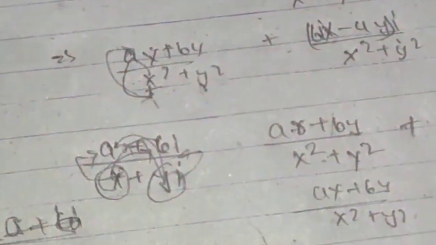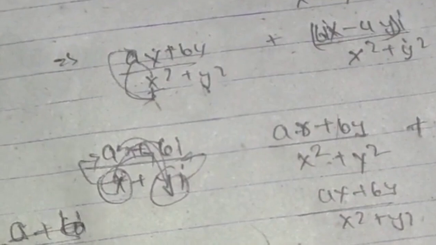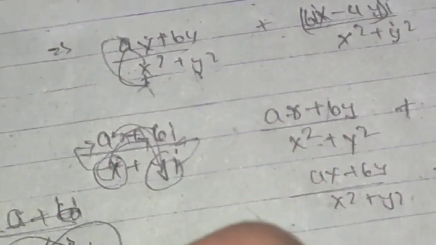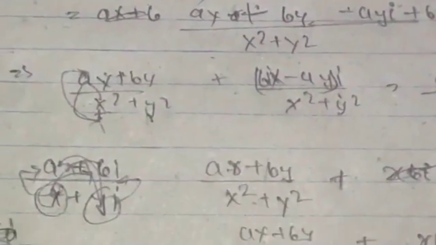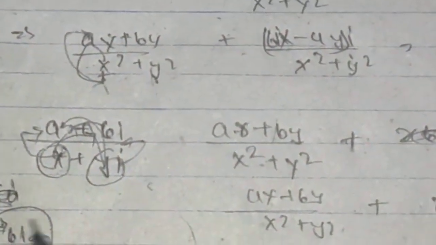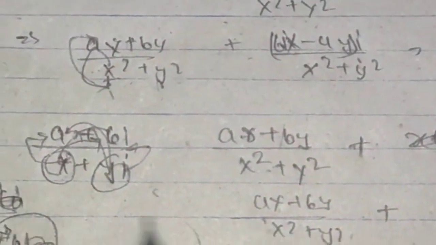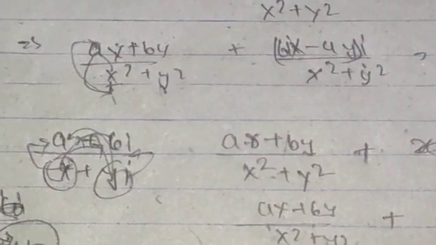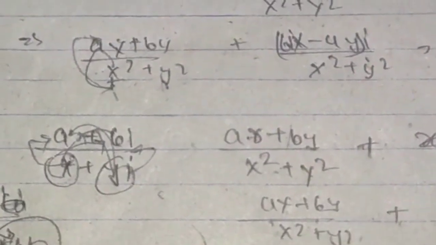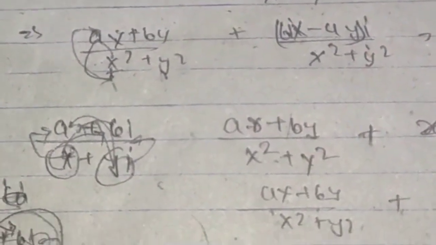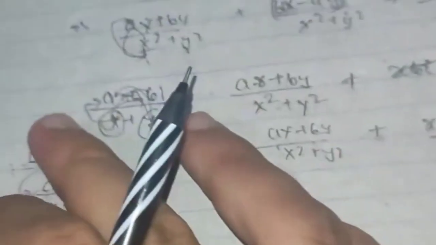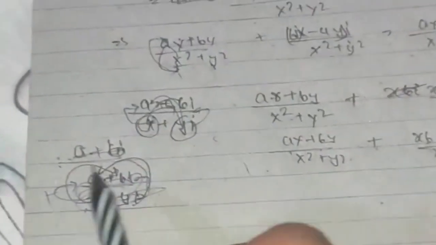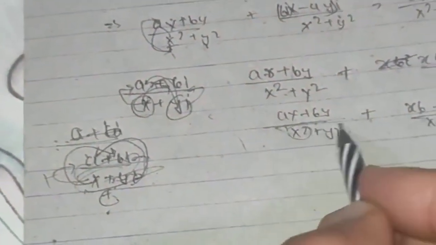Then x multiplied by this and y multiplied by this with a negative sign in the middle. There you go, x multiplied by this a plus y multiplied by this, and then the square of both sides, plus x multiplied by b minus y multiplied by a, and one thing upon x square plus y square.